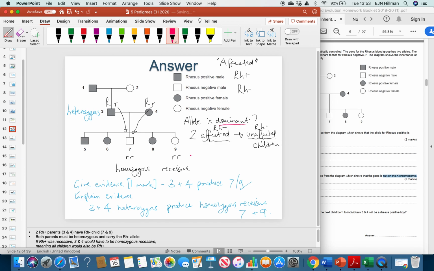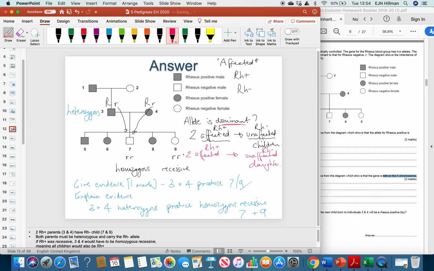So, not sex-linked when the condition is known to be caused by a dominant allele: we're looking for two affected parents, so two rhesus positive in this case, producing, now a little bit more specific this time, an unaffected, or rhesus negative, daughter.